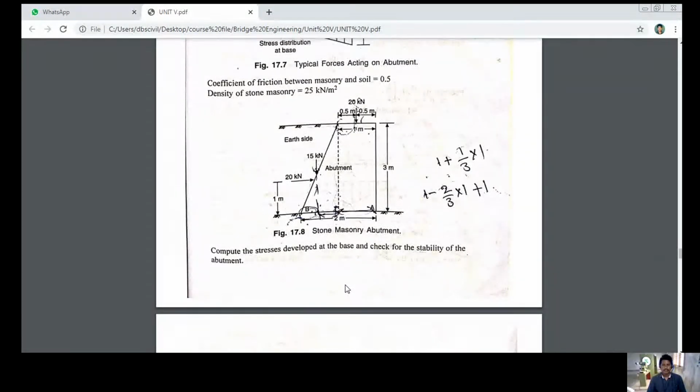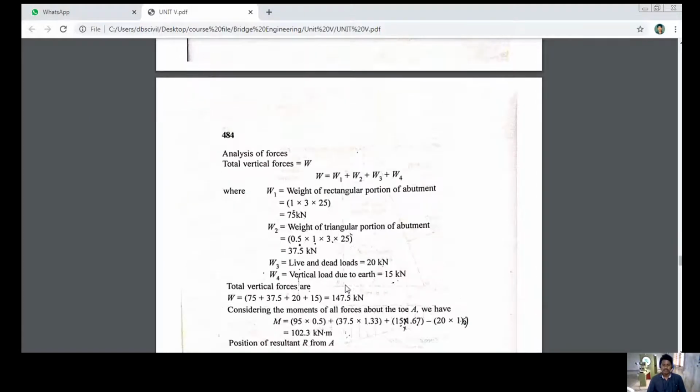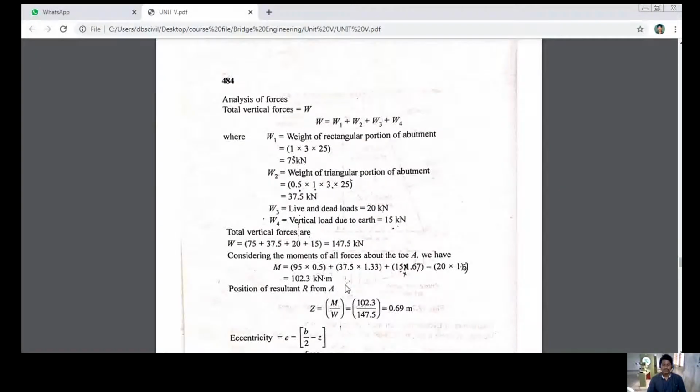Okay, now let's start the stress analysis and stability check, and we will check whether the stability is good or not for the following abutment.